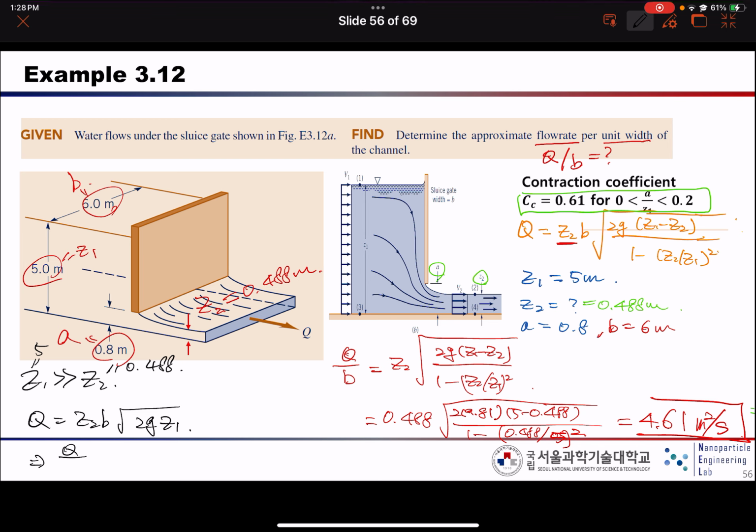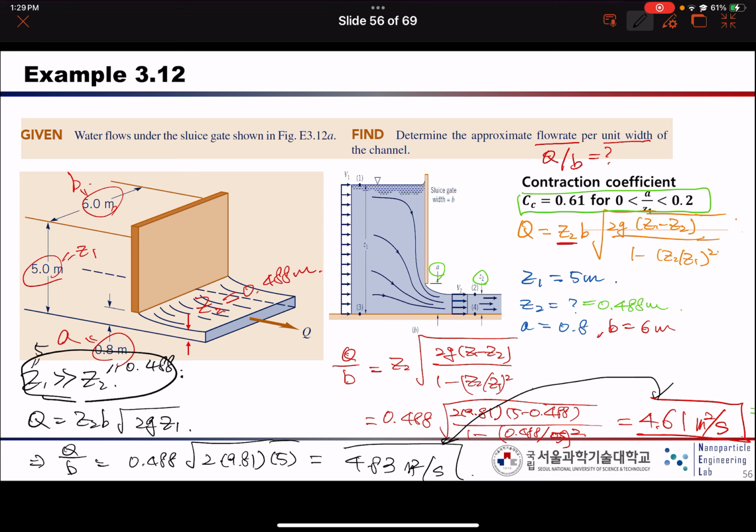So Q divided by B will be 0.488 times the square root of 2 times 9.81 times 5. Okay, so the result will be 4.83 meters squared per sec. Okay, so this result is quite similar. Okay, so if this difference is much larger, this result will be much more similar.